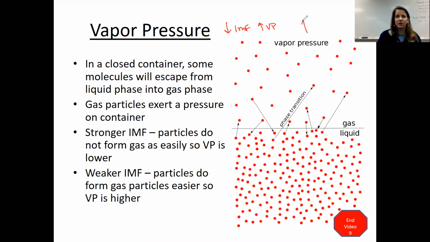If it has a stronger IMF, that means it's going to hang on to those particles more. The attraction is going to be stronger. There's going to be less escaping into the gas form. We're going to have a lower vapor pressure. Okay?